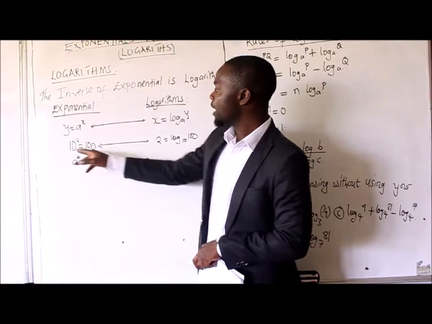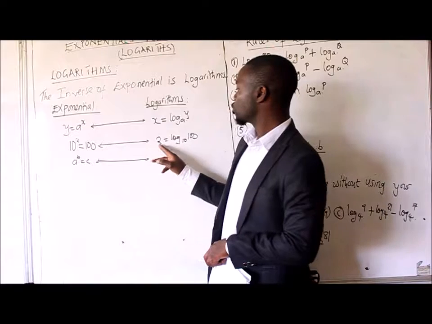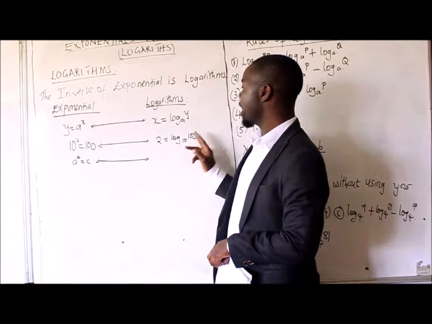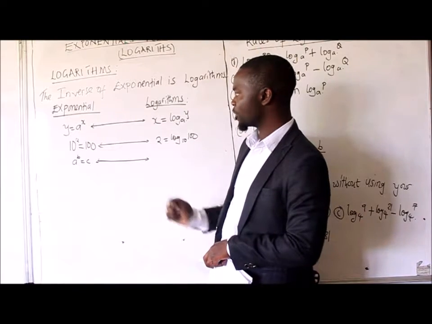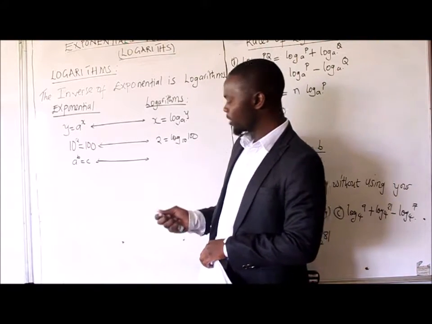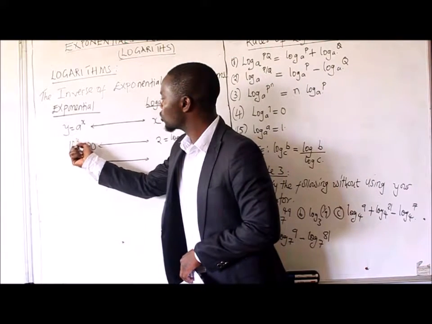Let's come here. 10 squared is equal to 100. This can be written as 2 is equal to log 100 base 10. How are we doing this? It's very simple. You just bring the 2 down here.